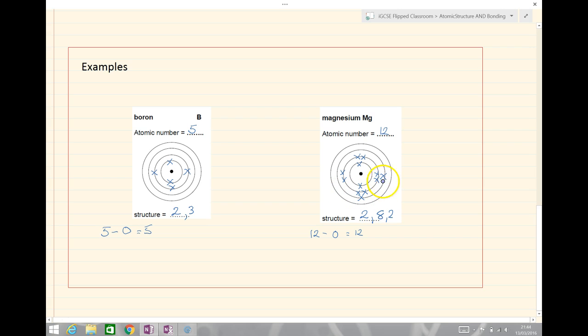This outer shell, or the electrons which are in the outermost shell, we call these the valence electrons. And the number of valence electrons is the same as the group number.